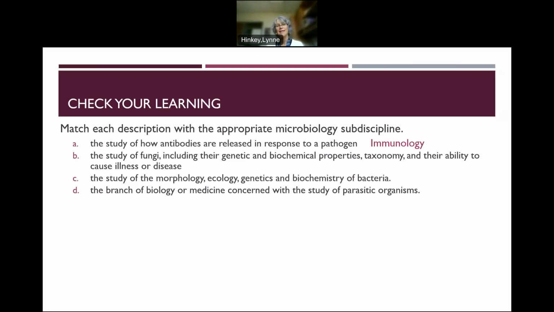So fungi, the study of fungus. Mycology. The study of the morphology, ecology, genetics, and biochemistry of bacteria. Just going to add ology: bacteriology. And the branch of biology or medicine concerned with the study of parasitic organisms: parasitology.